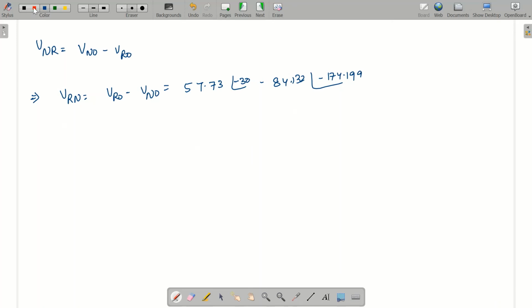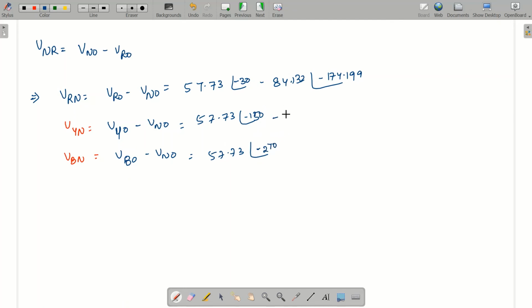Similarly, I am writing VYN, which is VYO minus VNO, and VBN, which is VBO minus VNO: 57.73 at an angle of minus 150 minus 84.13 at an angle of minus 174.199, and 57.73 at an angle of minus 120 minus 270, minus 84.13 at an angle of minus 174.199.